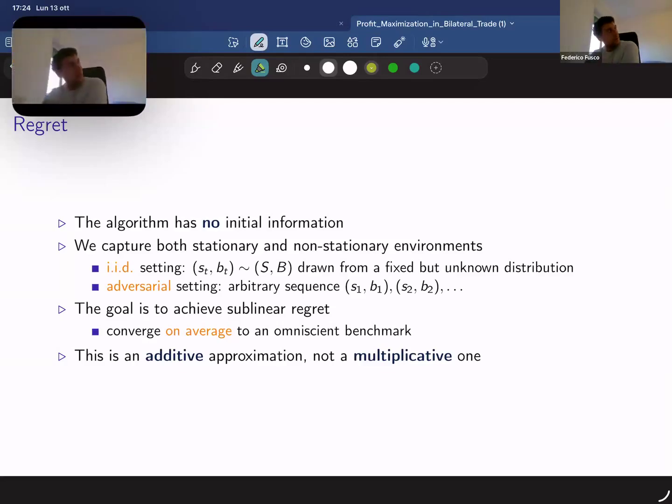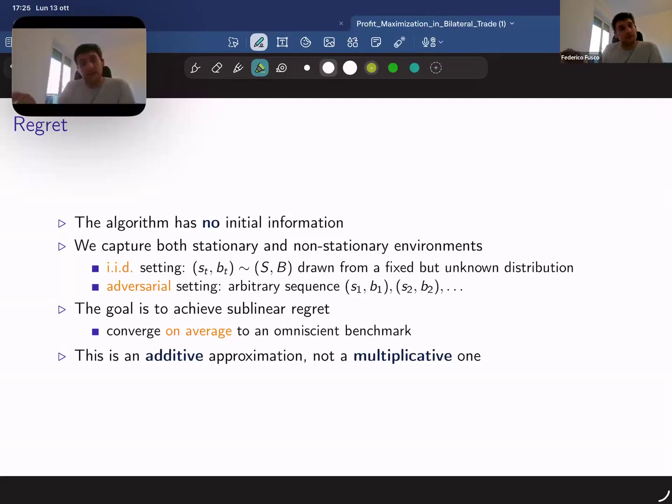These two types of adversaries are often called the oblivious adversary and the adaptive adversary. In the oblivious setting, this is exactly what I described. In the adaptive adversary, we can imagine that this adversary at each time step decides on the new pair.